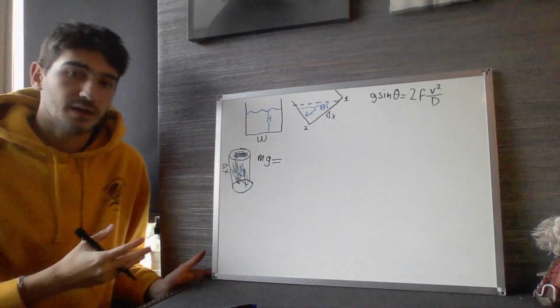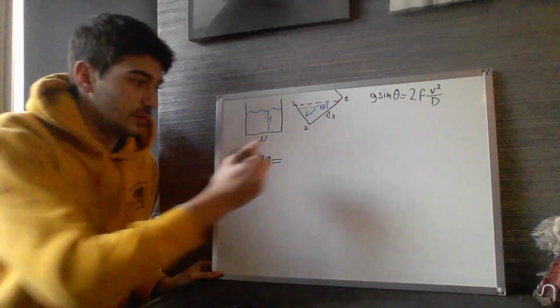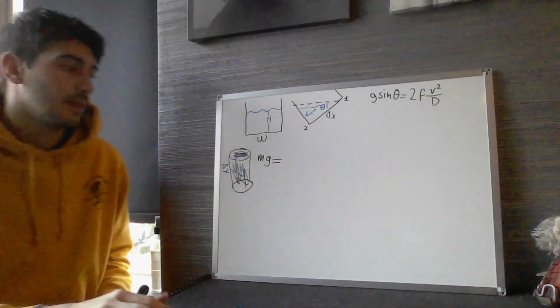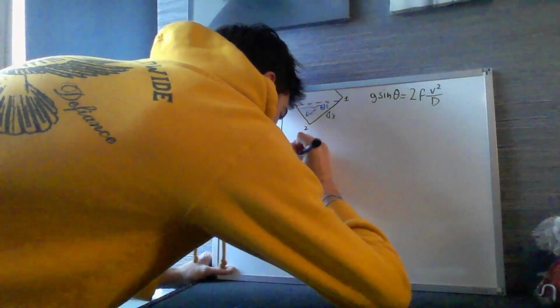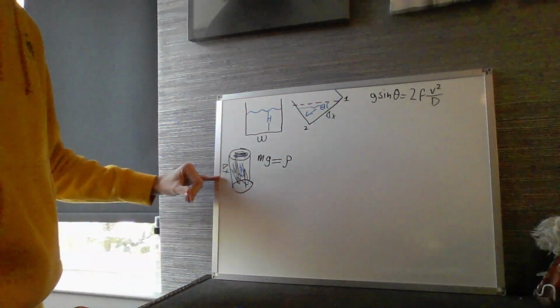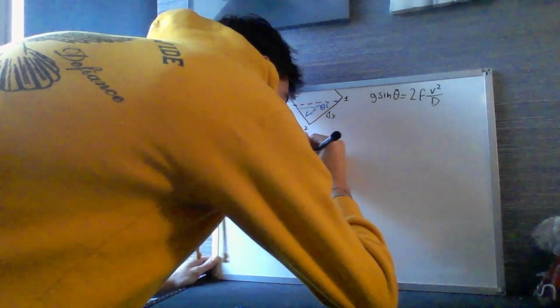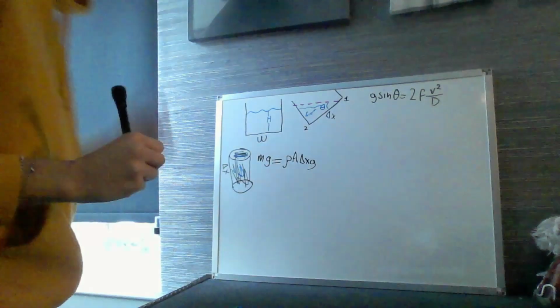However, we don't know the mass, but we kind of do. We're going to have to rewrite that. How can we write that? Well, due to it being water, we know its density. So we can write it as rho multiplied by the area. So we're going to have delta x multiplied by this, which we're going to call A. So A delta x, and then again multiplied by g still, right?